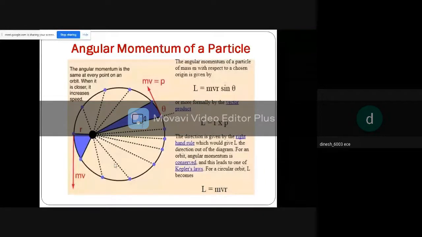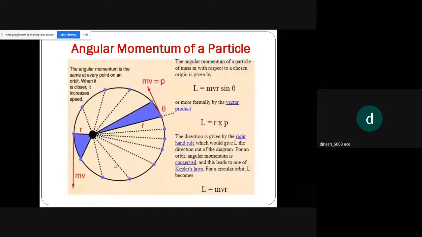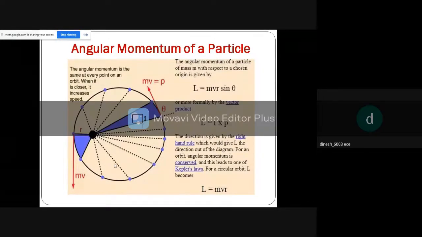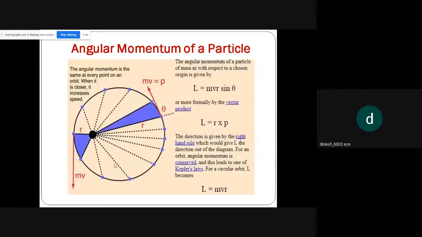With respect to a chosen origin, the value can be found out as L is equal to mvr sin theta. Here r is the distance between the sun, which is at the center that we are taking, and the planet that is in motion in its elliptical path, moving around the sun.